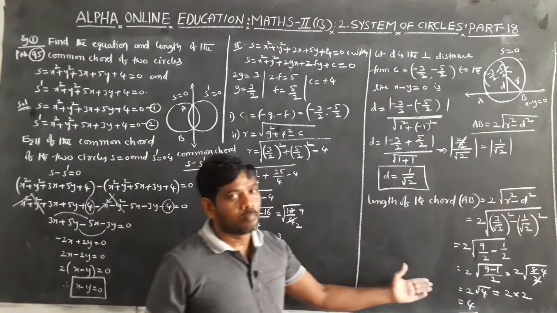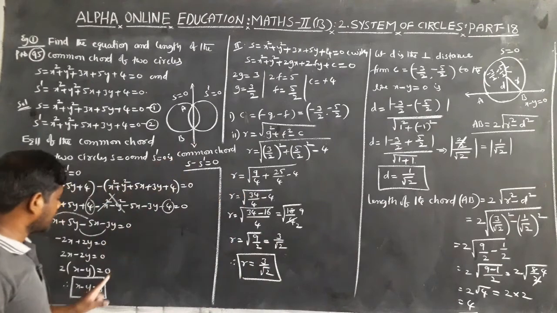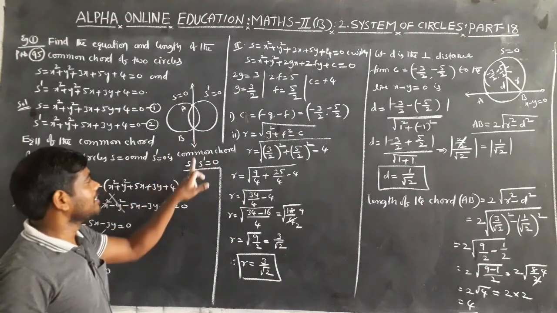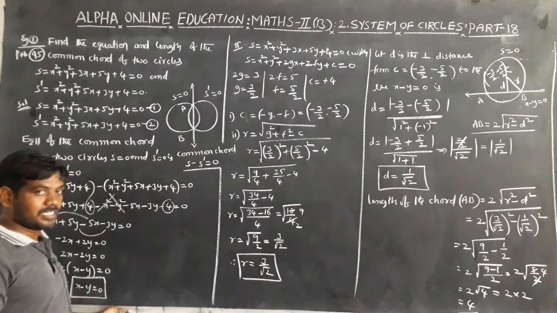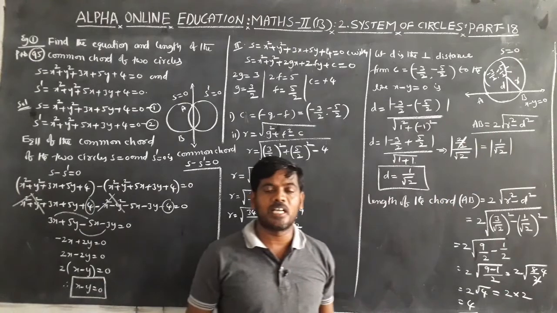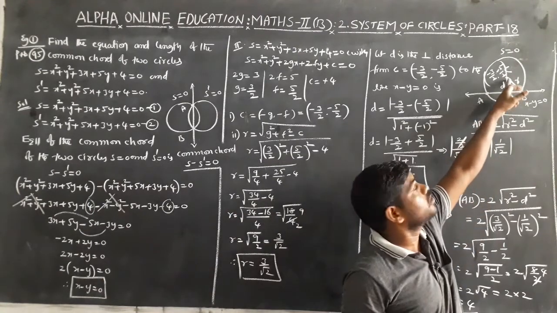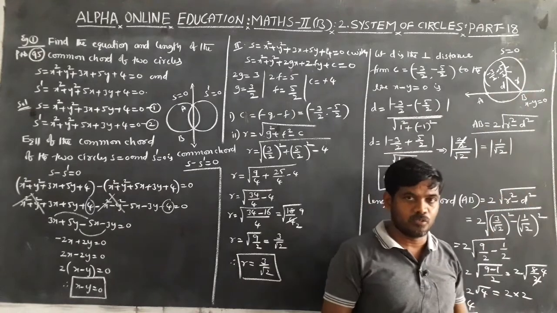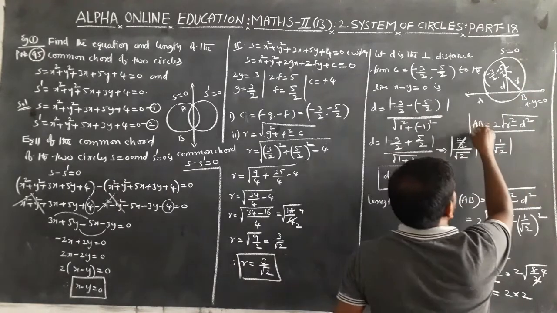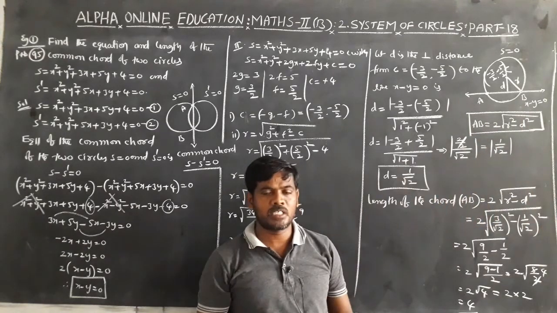This is the process. First of all, find the equation of the common chord of the two circles, S minus S dash is equal to 0. Again, find the length of the chord. Here we take any one of the circles, S equal to 0 or S dash equal to 0. Length of the chord AB is equal to 2 into under root of r square minus d square.